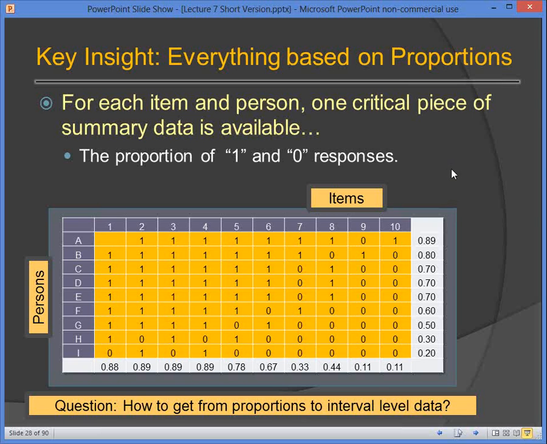The key thing to notice here is that the matrix consists of zeros and ones, but that we can construct proportions in the margins. The problem with the proportion is that it only varies from 0 to 1, though. So 0 to 100%. 100% is a proportion.